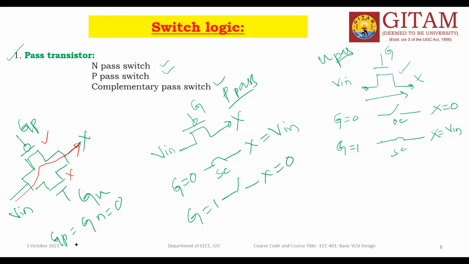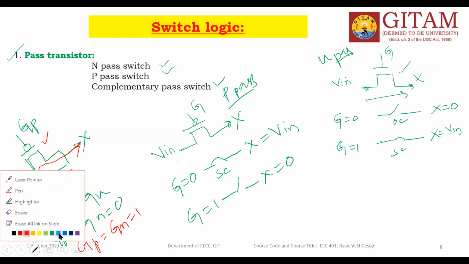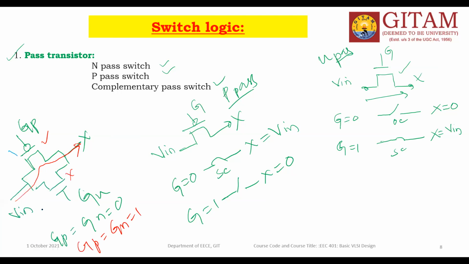Whenever GP is equal to GN is equal to 1, what happens? Your P pass transistor is off and the N pass transistor is on. So the signal is now passing via the N pass transistor.